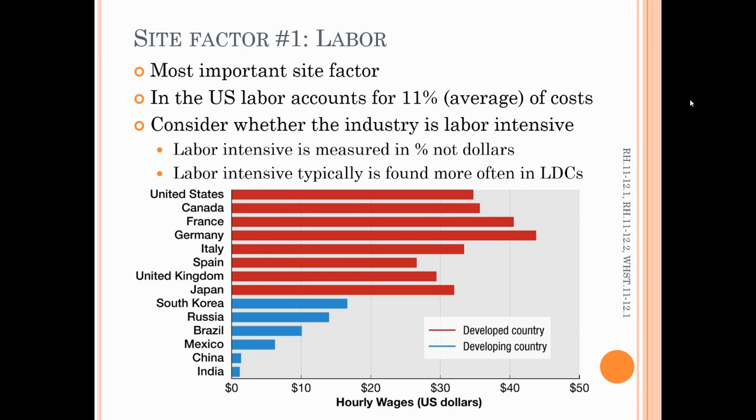So I might move my plants to an area that pays people less, even though I'm going to increase my transportation costs. The textile industry is a great example of this. Maybe I'm going to move my clothing plant from the US, where I have to pay people a lot more, to India, where I can pay them a lot less per hour because textiles are labor intensive.